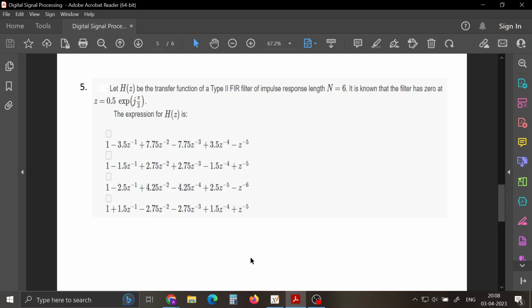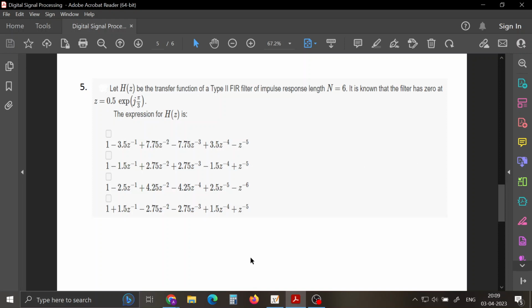It's length 6, so there are 6 coefficients: the coefficient for z to the power 0, then z to the power -1, and so on up to z to the power -5.